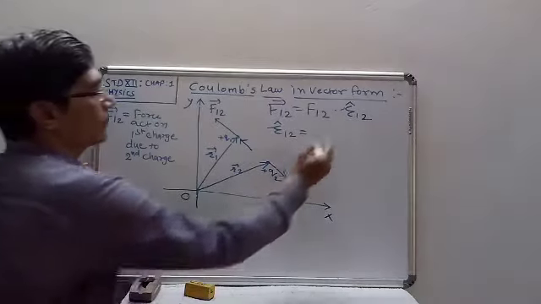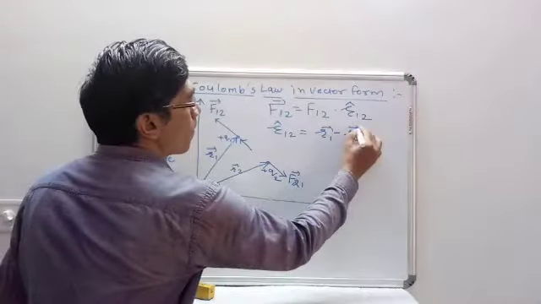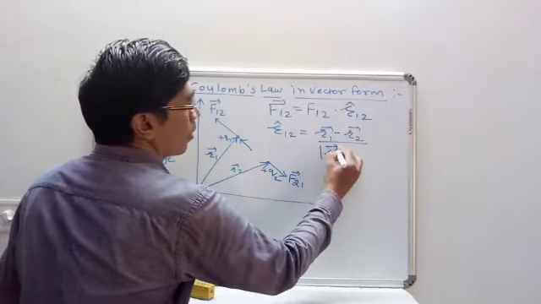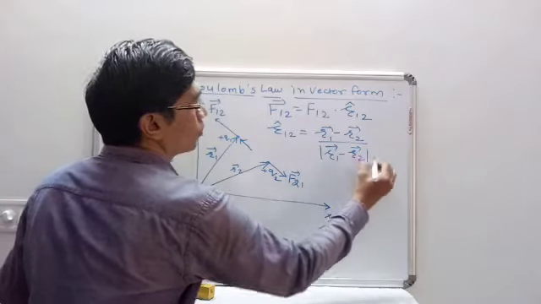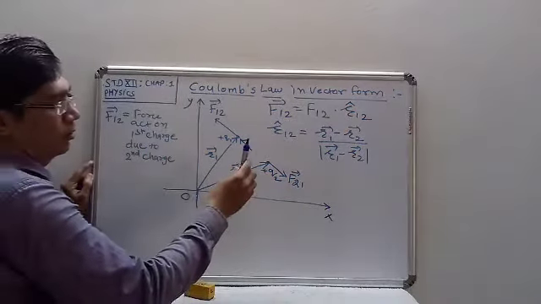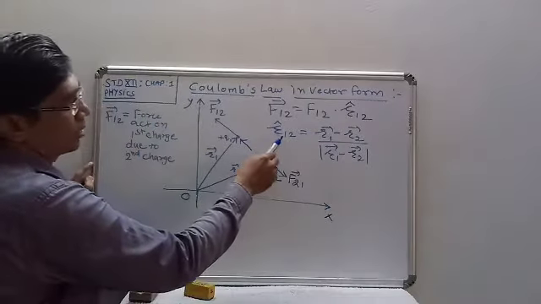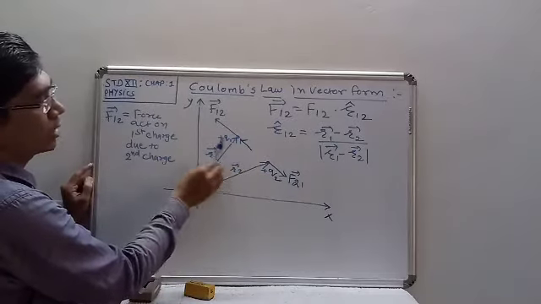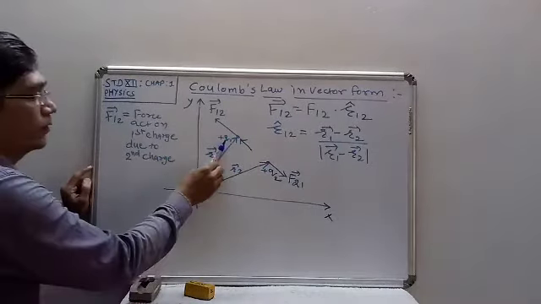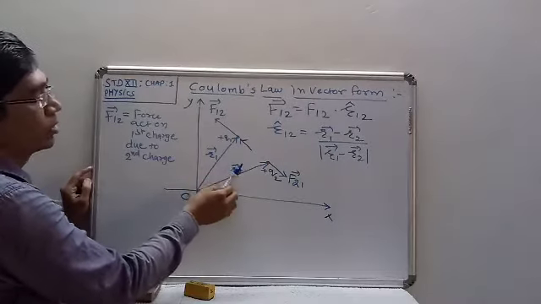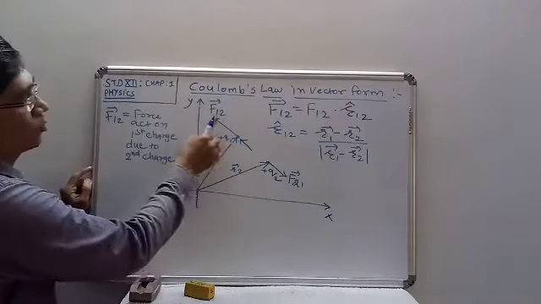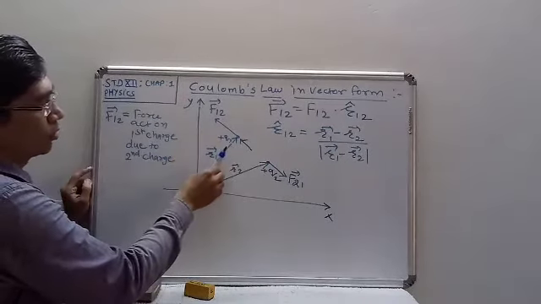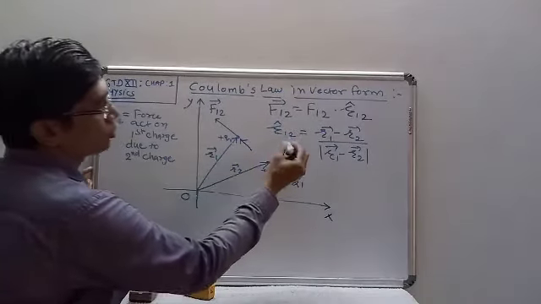R12 is given by R1 minus R2 upon magnitude R1 minus R2. How can we denote the direction of R12 in the direction of F12? By taking R1 minus R2 or R2 minus R1. If you check R1 minus R2 or R2 minus R1, you can check the direction of F12. The direction which is in the direction of F12 is taken as the unit vector.